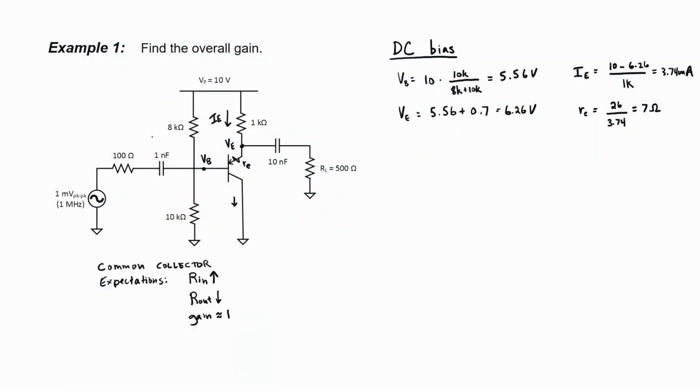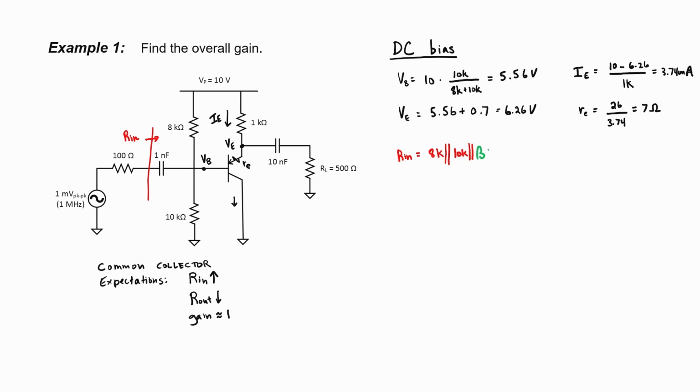here in this problem. Now for the AC analysis, we need to know what our input impedance R sub in is. By inspection, I can see that it's 8 kilo ohms in parallel with 10 kilo ohms, in parallel with whatever I have looking into the base of that transistor. Looking into the base of a transistor, I've got quite a lot of resistance, and that's going to be multiplied by beta when I use impedance reflection.